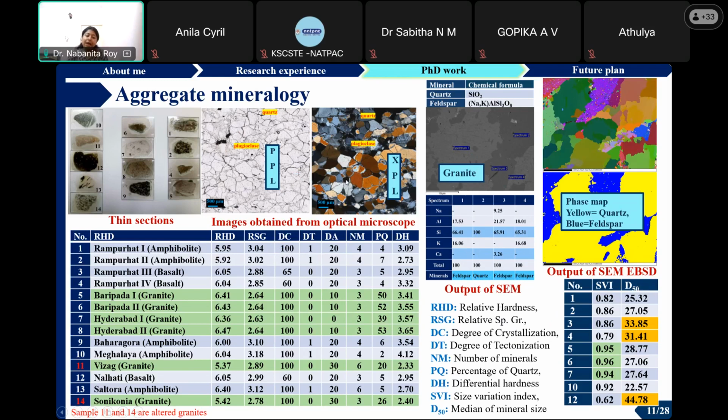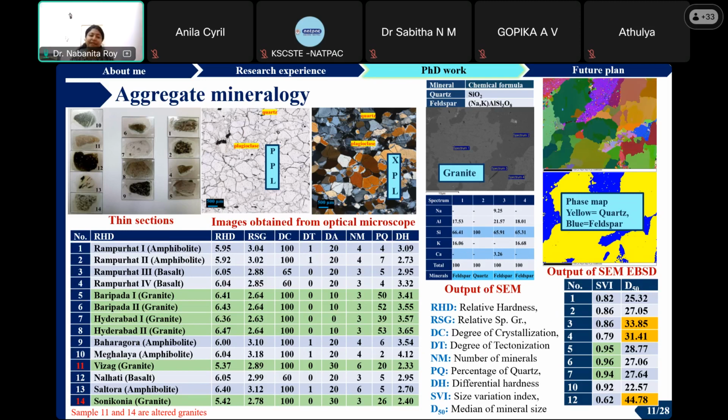Likewise, some other minerals were also present. Based on the minerals identified and their proportions, how much is the quartz percentage, how much is the pyroxene percentage in case of basalt, different mineralogical parameters were identified with the help of that proportion.